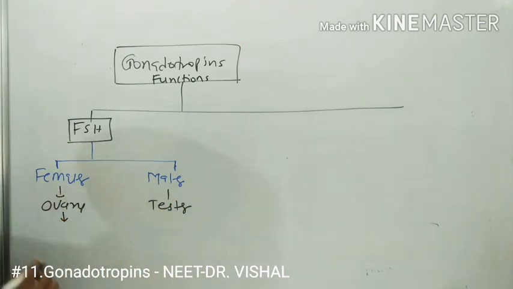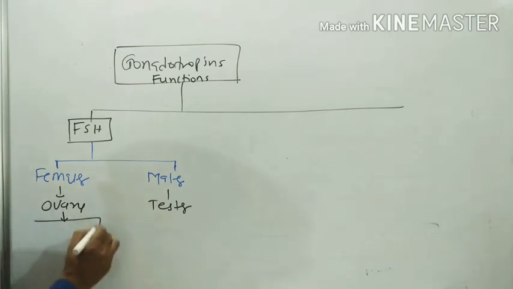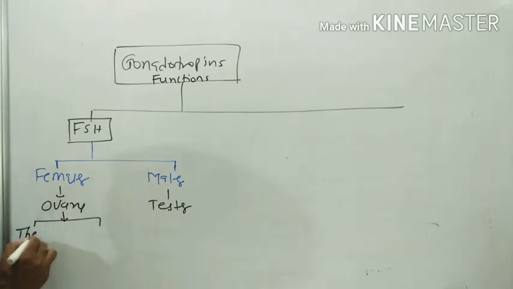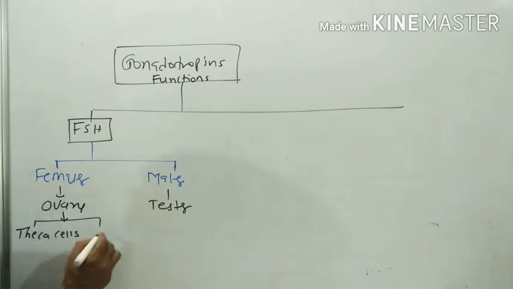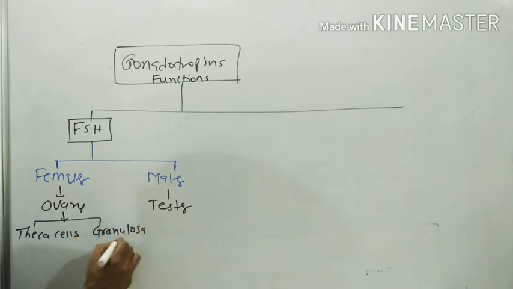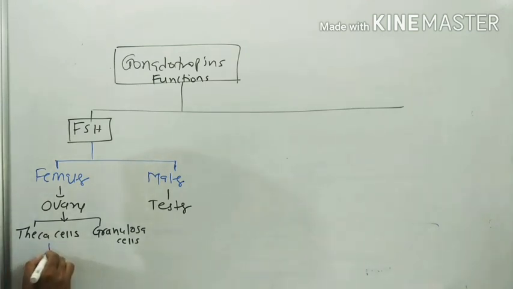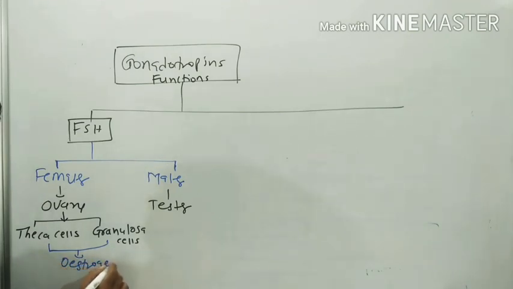Within the ovary, it acts on two types of cells called theca cells and granulosa cells. Theca cells and granulosa cells combined produce the hormone called estradiol, and then it becomes estrogen.